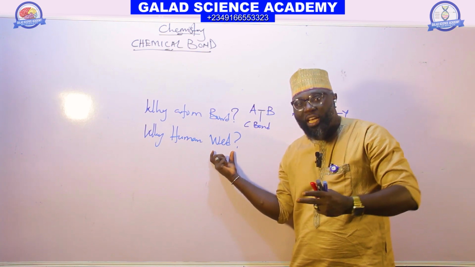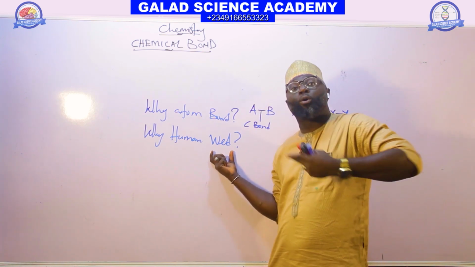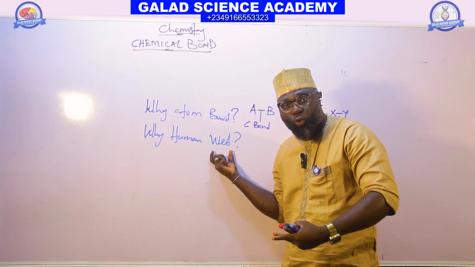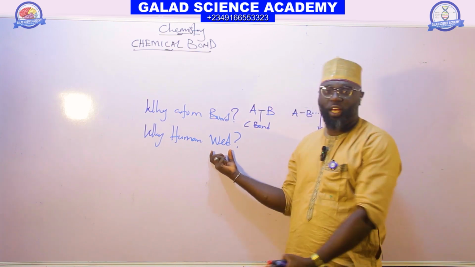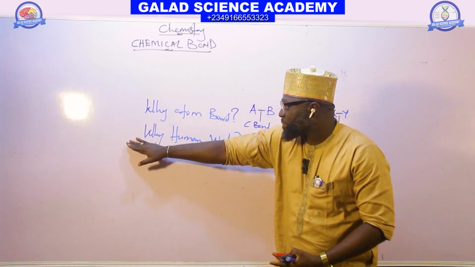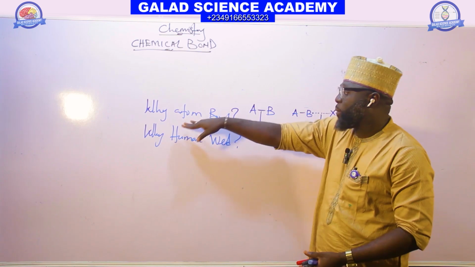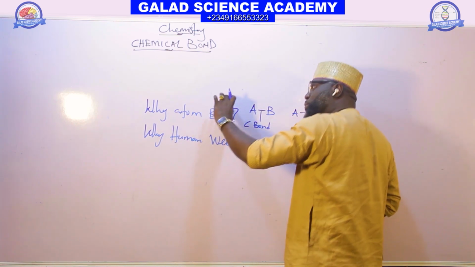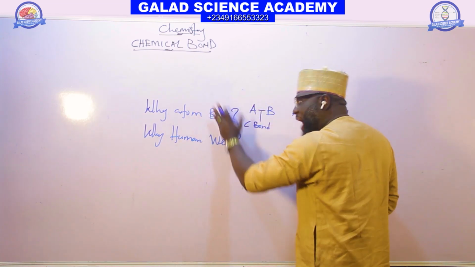The second one is in order to reproduce, to produce a copy of yourself. That is the answer for why women wed. The same thing for why atoms bond. Why are they bonding?